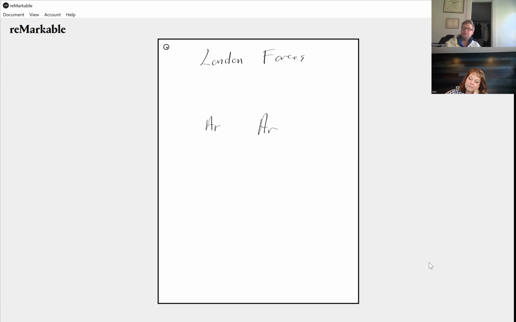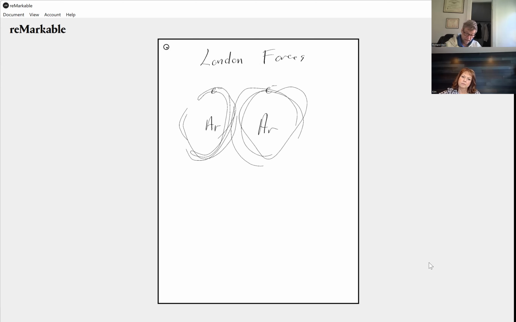Well, think about the structure of an atom. You have a nucleus in the center, and you have these electrons out here. Both of these argons have electrons out here, they're not bonded together, but they both are surrounded by electrons.